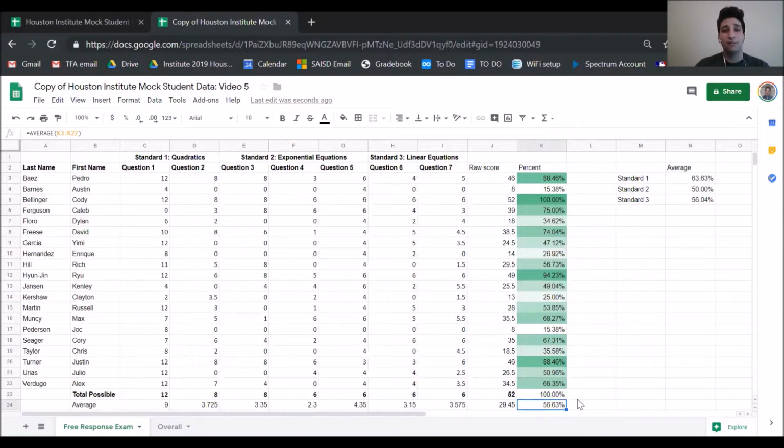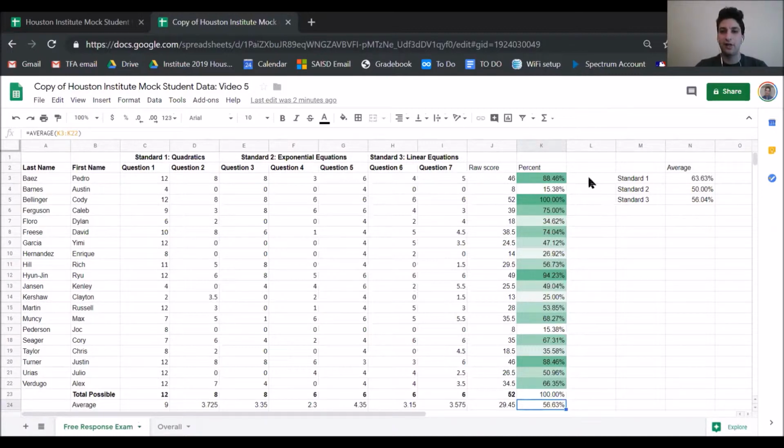That could be a 3, maybe even as high as a 4 if it's a tough exam year. And if you want to make grades for your class that take that into account, that it is a tough exam and that 50% sometimes can be passing at that level, you want to make sure that your grading system has a curve to it. Here's one way to do that curve.